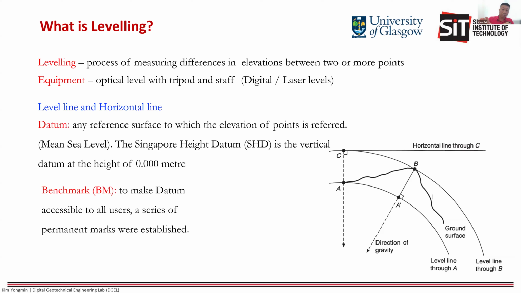It's actually referenced to the datum also, and they have their own levels marked on the ground. So when you do survey, when you get this benchmark, you can straight away tell what is the reduced level of that benchmark. All right, it is a known point.